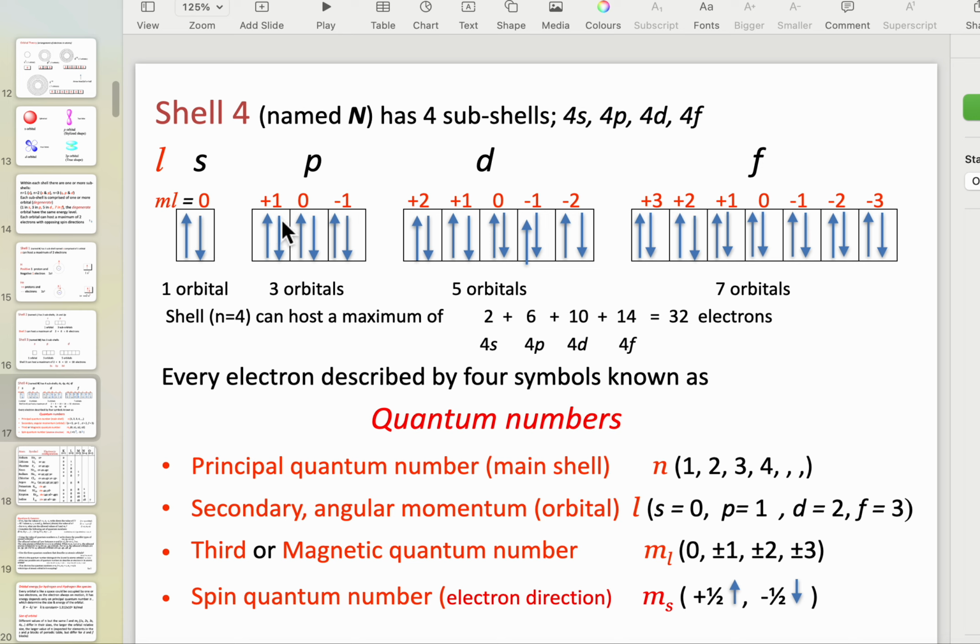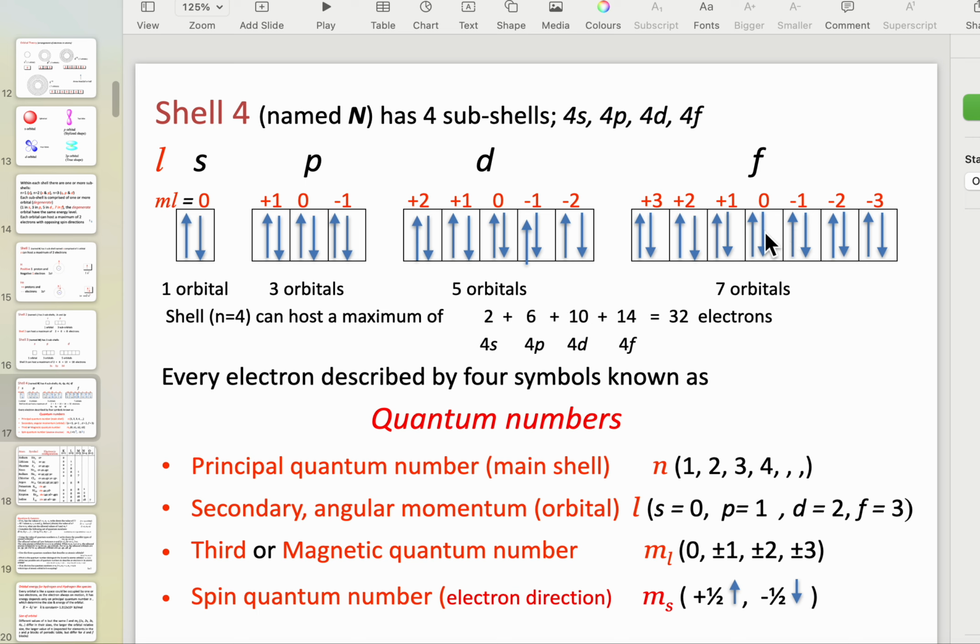Okay, so now we come to ml for d. D has 5 subshells. In the middle is 0. To the right, minus 1, minus 2. To the left, plus 1, plus 2. F has 7 suborbitals.